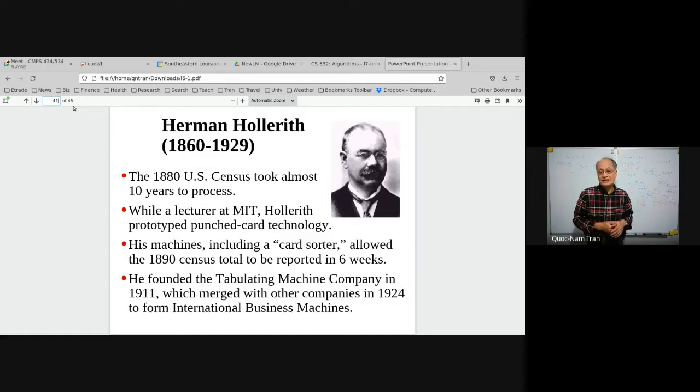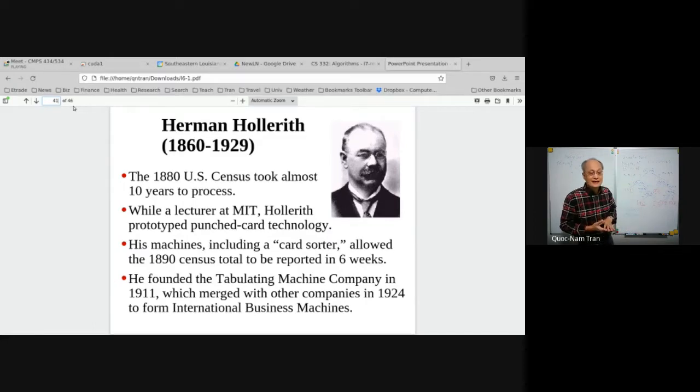So now you know that the previous US census took about 10 years, and every year we have 52 weeks, so 10 years means about 520 weeks. And now with the sorting algorithm and the machine he invented, it took about 1% of that time, a little bit more than that.